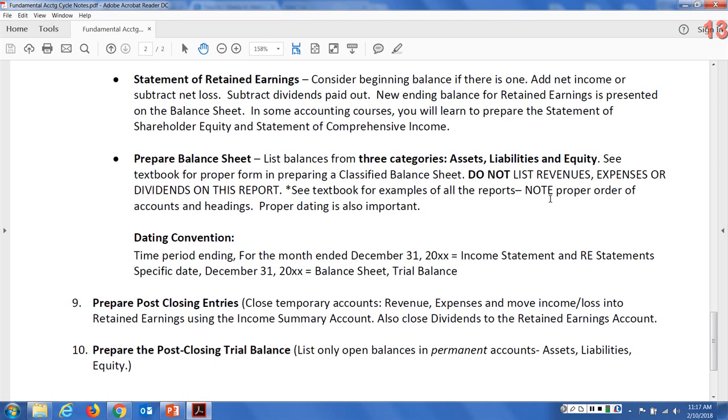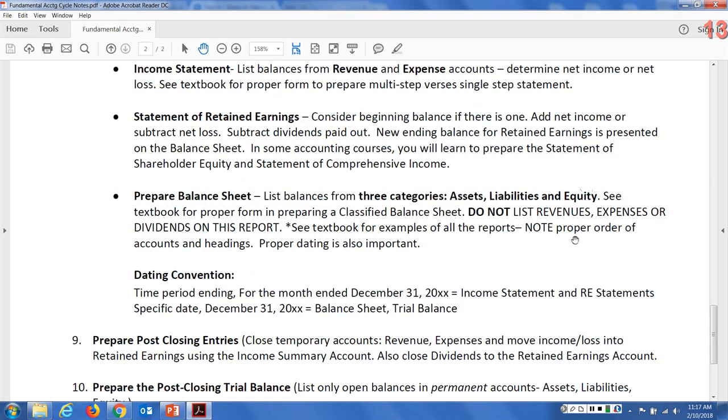Note also, for all 3 of these statements, the proper ordering of the accounts is important. Find some good examples online or in your textbook. And the dating convention does matter. For the income statement and statement of retained earnings, it will show a time period ending, such as for the month ended December 31st or for the year ended, some time period that has ended.